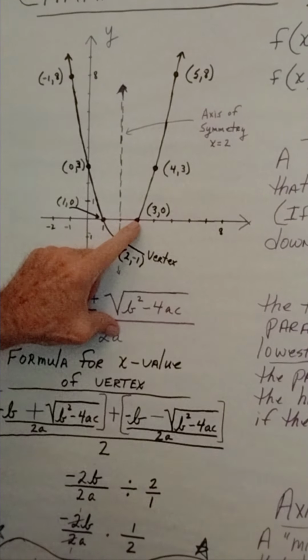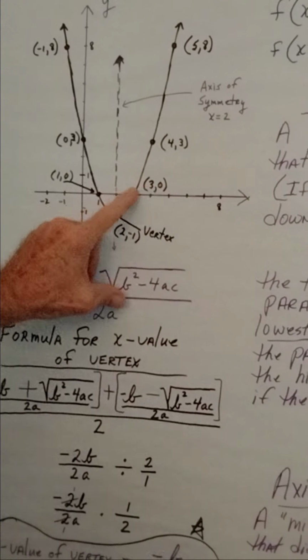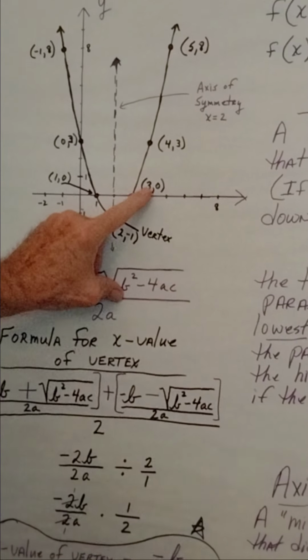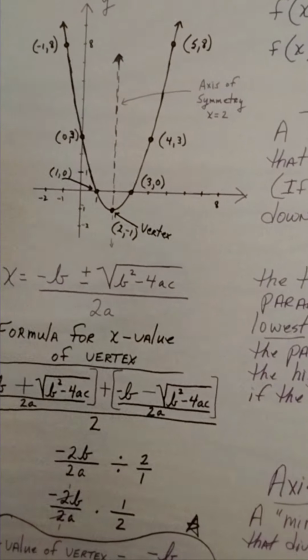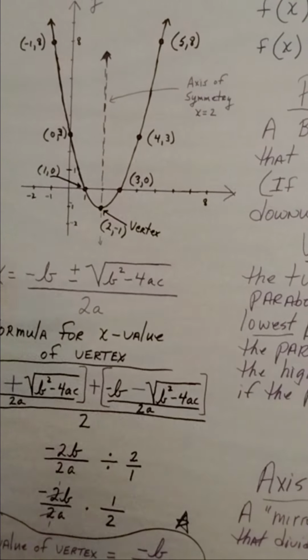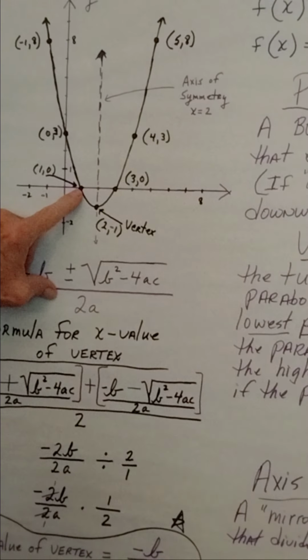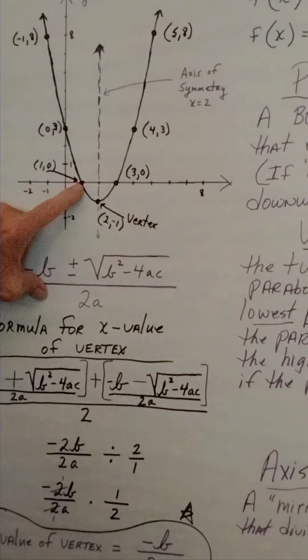This point right here, the point (3, 0), has an x value of 3. That x value of 3 corresponds to one of the solutions of that quadratic equation. And the other x-intercept, (1, 0), the x value of 1, was the other real number solution.